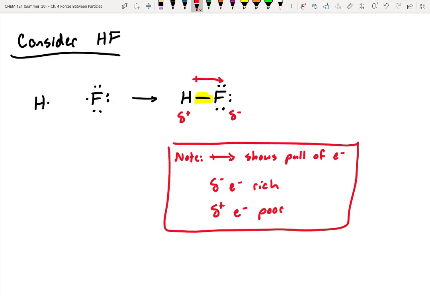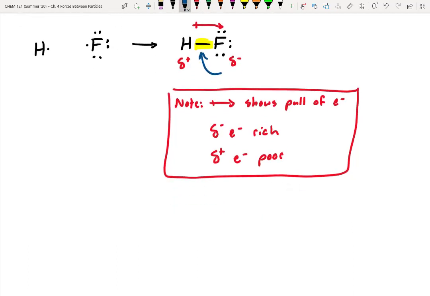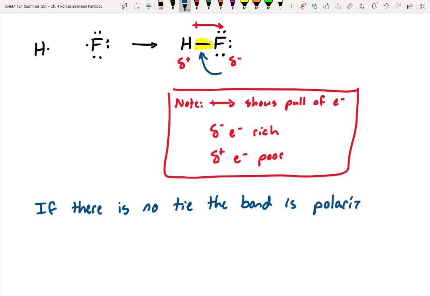Okay, so now we're running into a situation where fluorine is clearly winning this tug of war. So let's talk about this. We're now looking at this bond right here. If there is no tie, the bond is polarized, meaning it's not shared evenly.